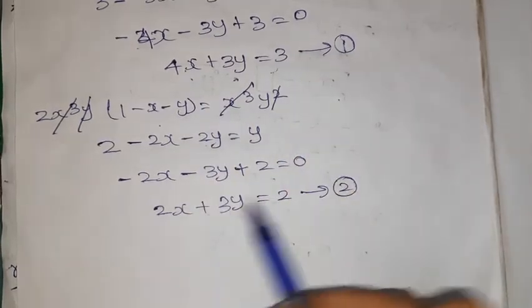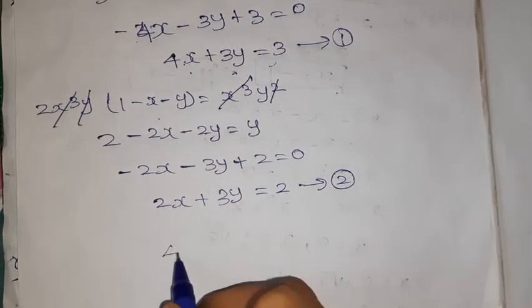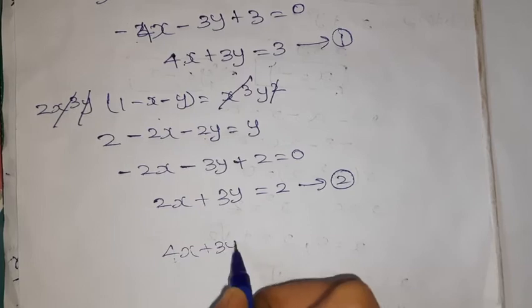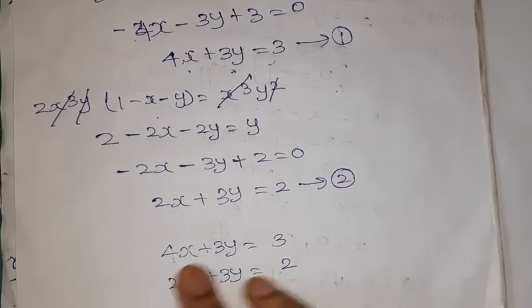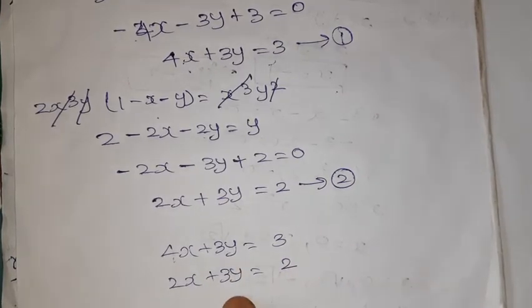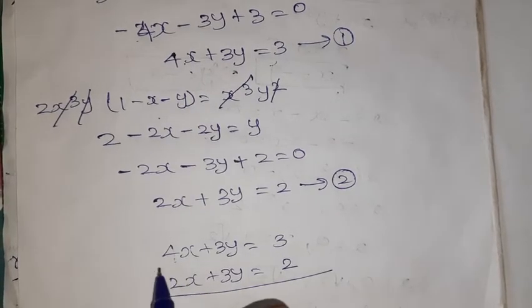By solving equations 1 and 2 we can get the points: 4x + 3y = 3 and 2x + 3y = 2.